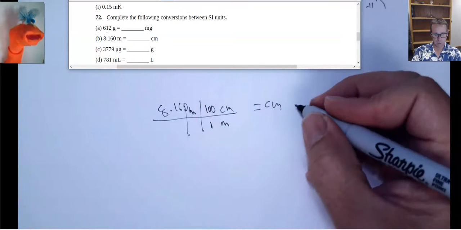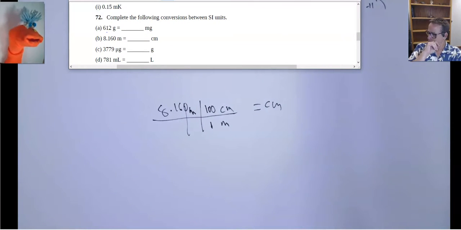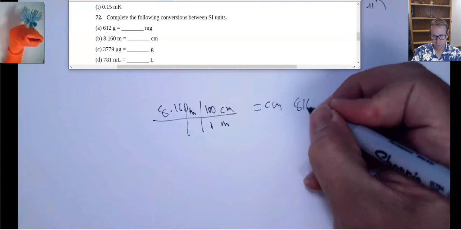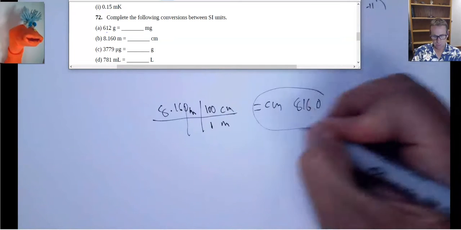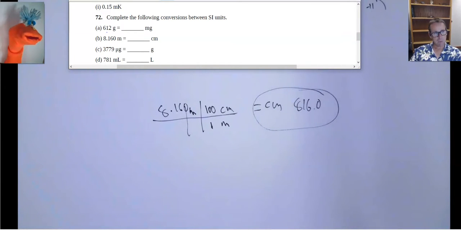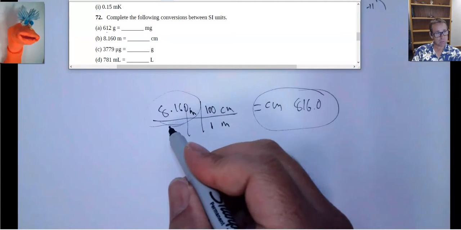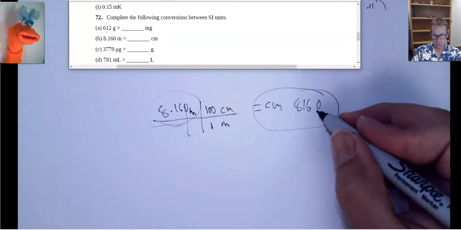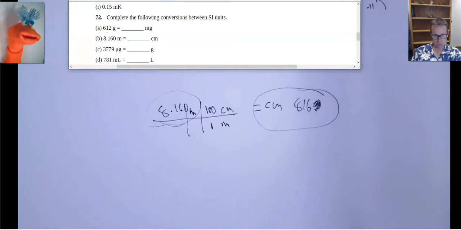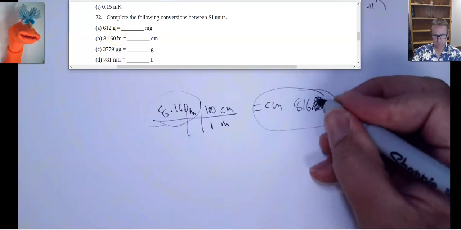So it's just multiplied by 100. Very good. 816.0 centimeters for every 8.160 meters. 4 significant digits. Oh no, there's only 3 significant digits there. So I'm only going to have 816. Oh no, sorry. There are 4 significant digits there, so I need to keep that 4th significant digit as well.